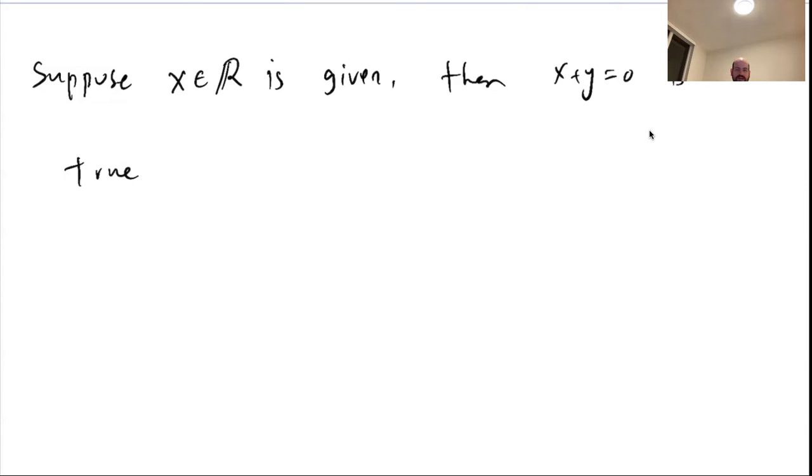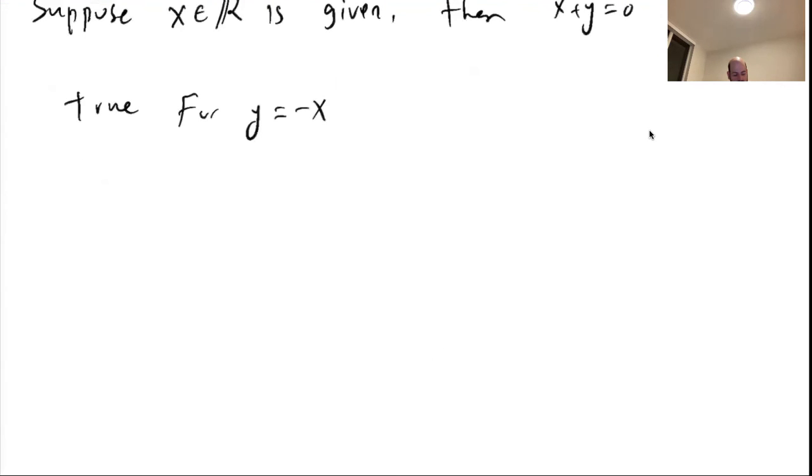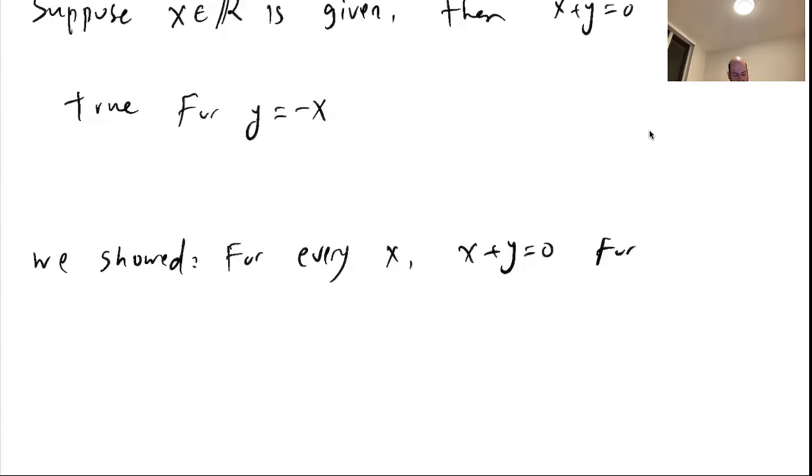Y can be taken as minus x, right? Then x plus y is true for y equals minus x. So we showed that for every x, x plus y equals 0 for at least one y.